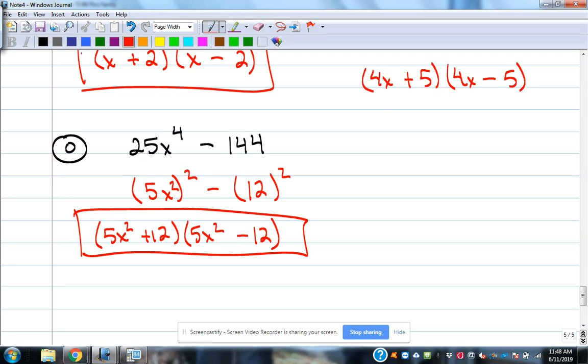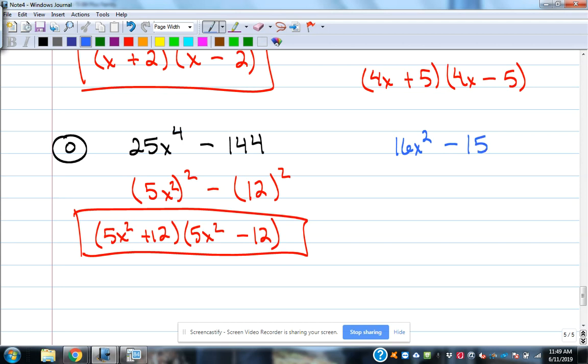An example of one that does not factor that way, but kind of looks like it should, might be something like 16x squared minus 15.